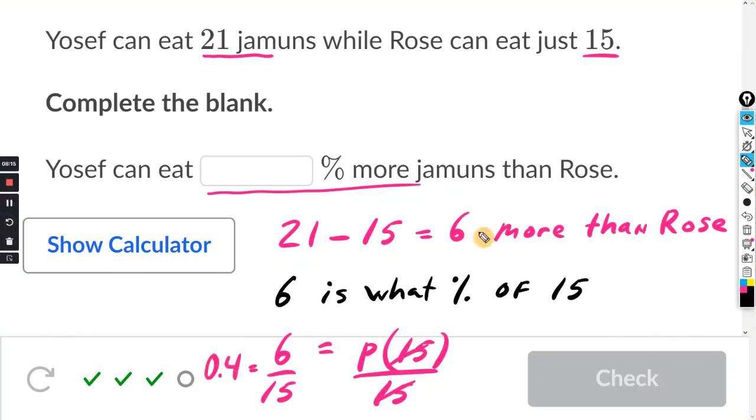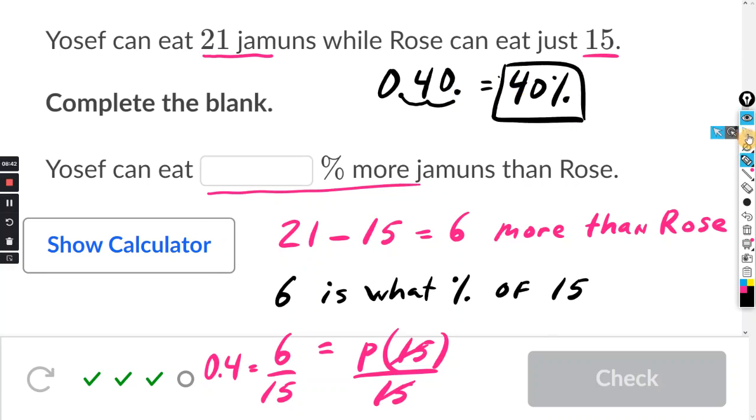But they want the answer in terms of percent. So we have to multiply that by 100. The way to multiply by 100 is just to move the decimal to the right 2 places. Now if you have a blank space, you can just add a 0 there. So 0.4 is the same as 40% because the decimal lands right there. So 40% more.